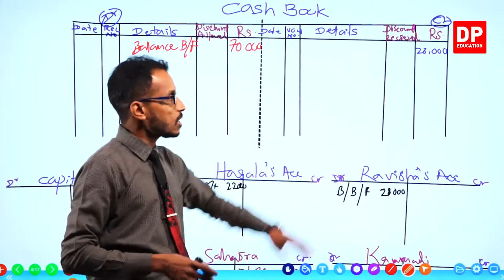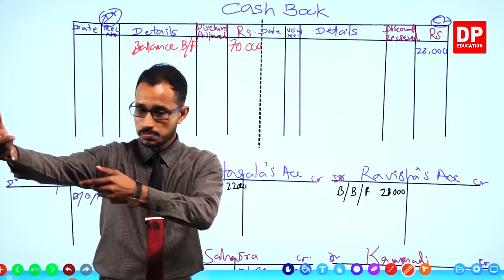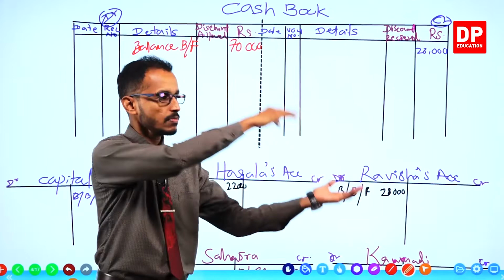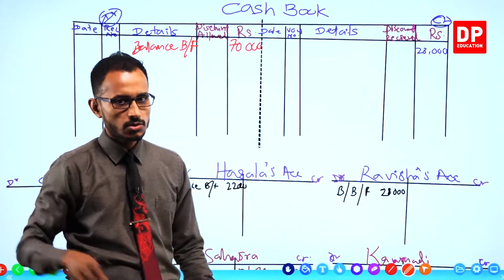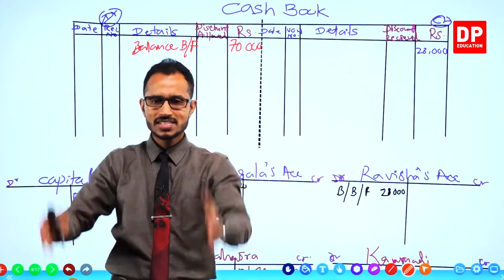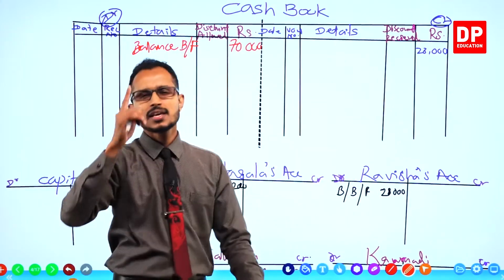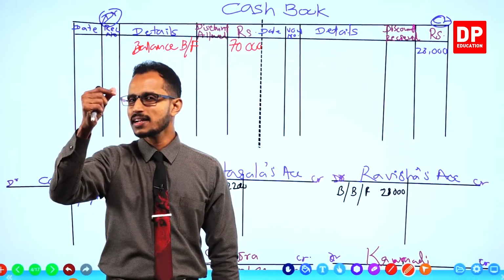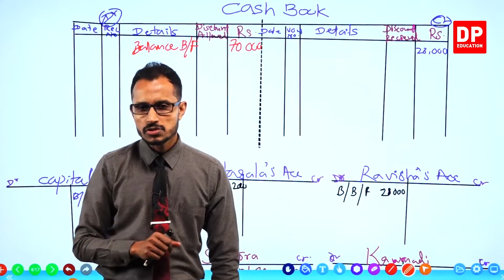Trade discounts are the discounts given when buying or selling goods. At the point of purchasing the goods, when you buy the stocks and bring them to the business, if an amount is deducted, that is a trade discount.